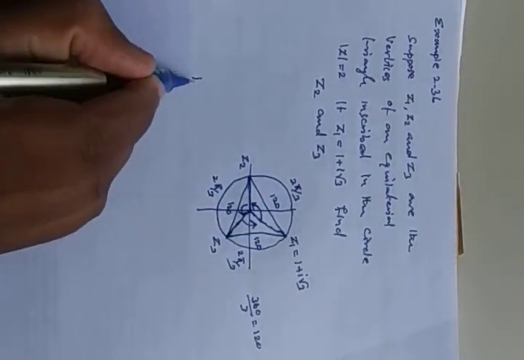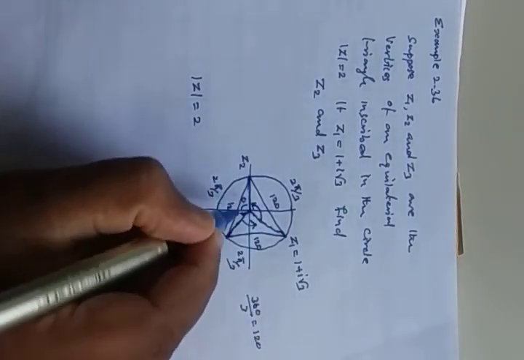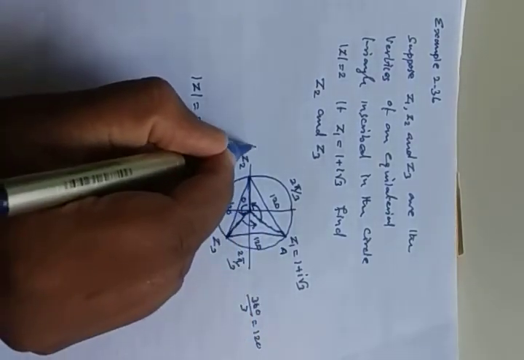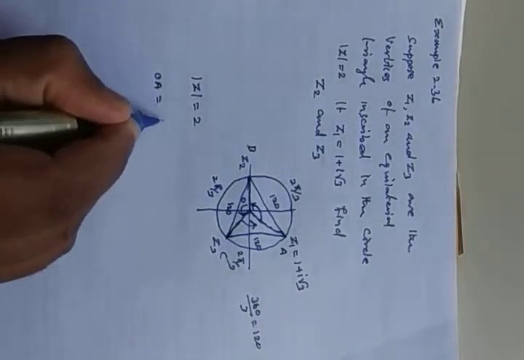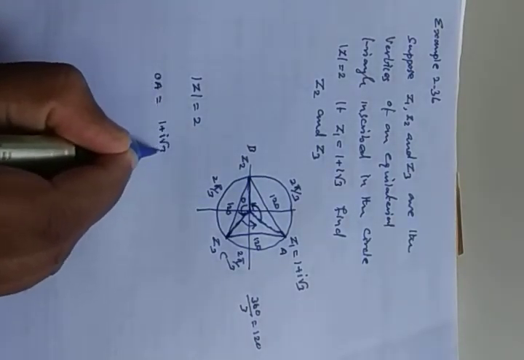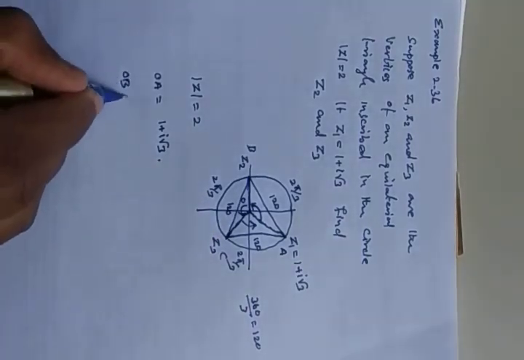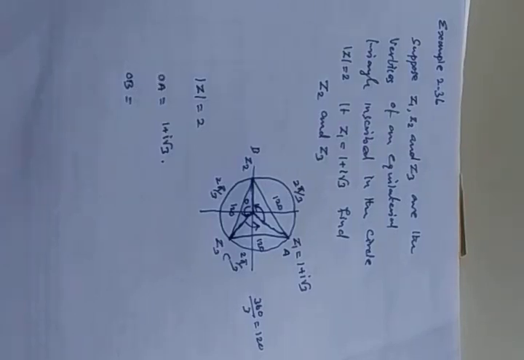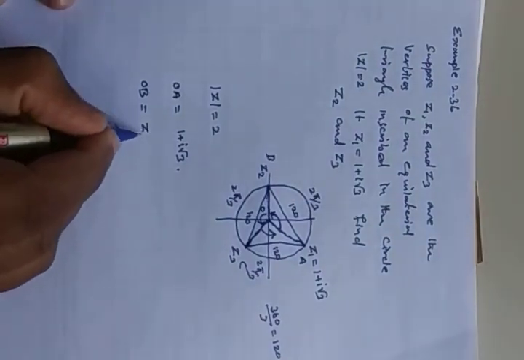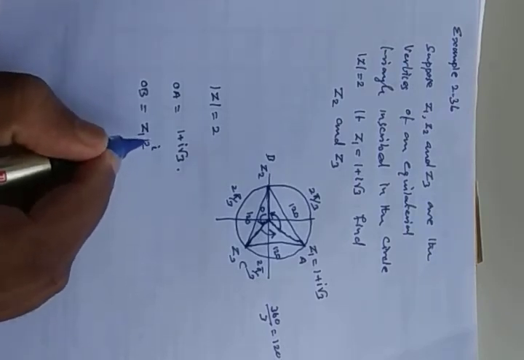They have given the mod Z value, which is 2. Can we name this O, A, B, C? Like that we can write. Here OA is what we are getting? 1 plus i root 3. That is the OA. Now we need to find OB. To find OB, we have Z1 into e to the power i theta.